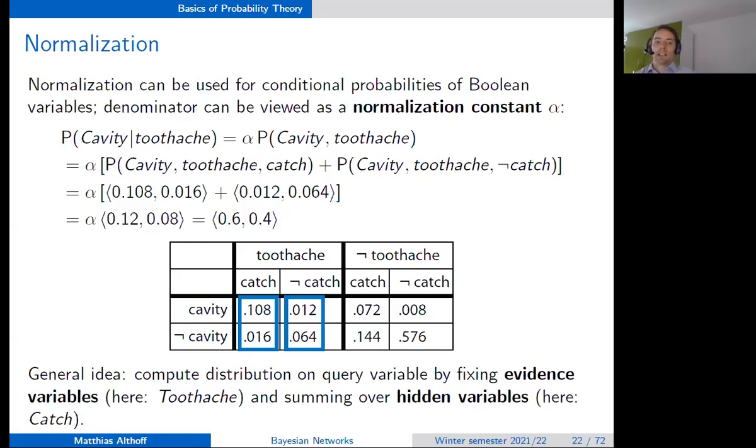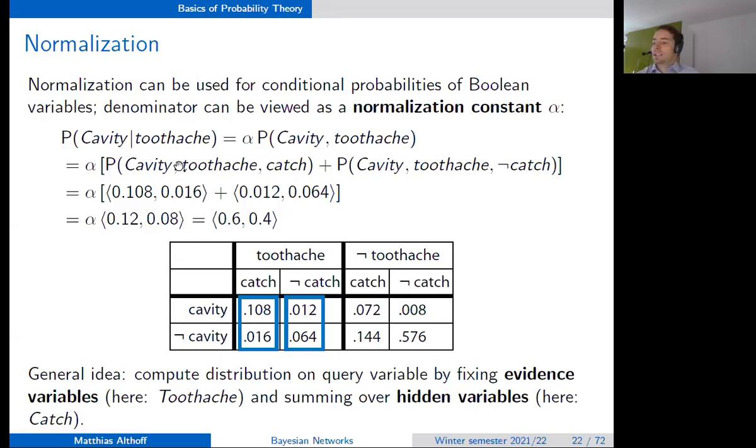Okay, so then I'll stop here. There was just one last question: why do we add the probability of not cavity? The thing is, cavity is capitalized here.